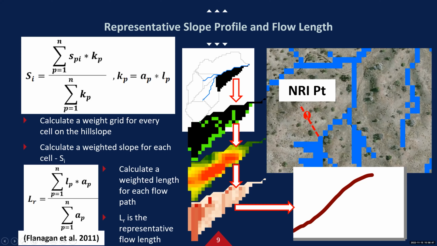And while it's doing that, it's calculating a weighted grid for each of the hill slopes for slope and for flow length. And basically what it gives you is a calculated weighted length for each path and a slope for that flow path.